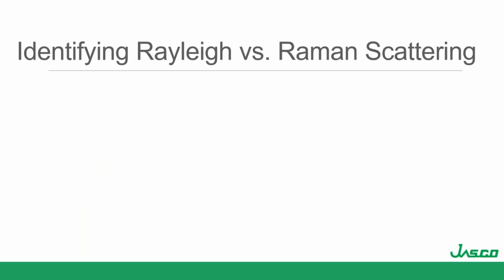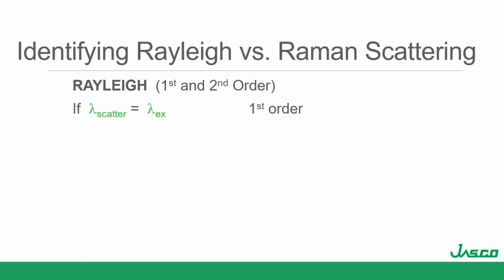How do we tell the difference between Rayleigh and Raman? That's pretty easy, I think. Rayleigh can be first or second order scatter. So if the scattered peak we see is at the excitation wavelength, it's first order. If we get a band at double the excitation wavelength, that's second order Rayleigh scatter.